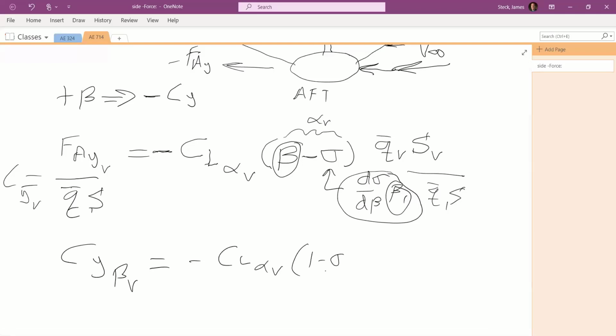Now I need to reach the other side. Let's see how this can work. All right, I'm going to have to just write in here. This is supposed to be d sigma by d beta. And then it's a to v sv over s.